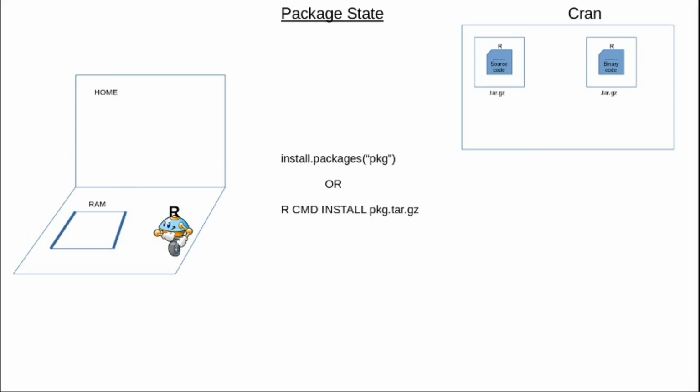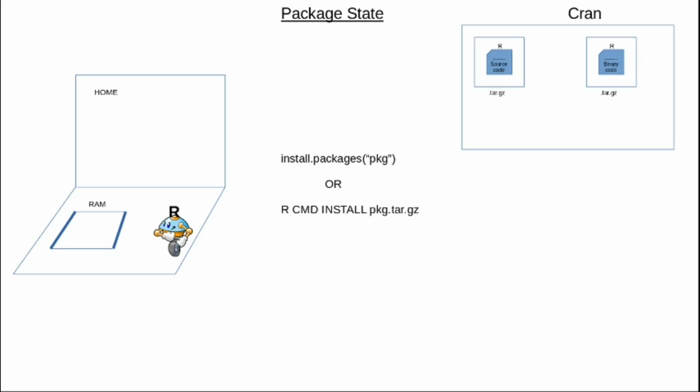You understood how the source code contained in the compressed file is downloaded. Now let's see how the binary code is installed. If you run a command like install.packages, which you run most of the time, it downloads the binary code by default.